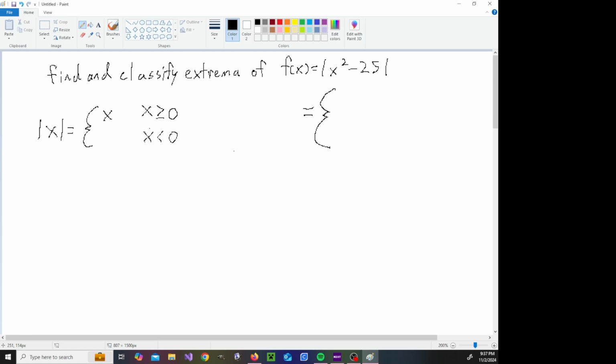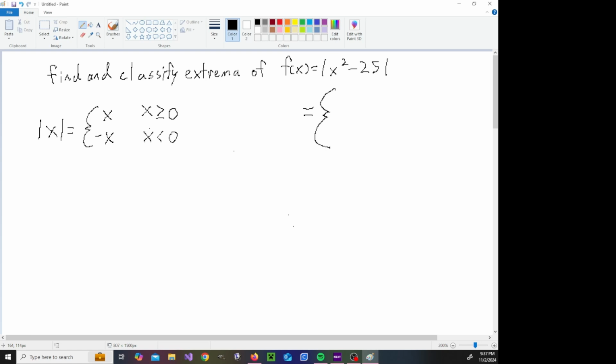Well, if I have negative 1, we want to flip that to positive 1. If I have negative 20, I want to flip that to positive 20. So what is one operation that I can do to a number to change its sign? Well, that's just multiply it by a negative. So really, we can think of any absolute value as a piecewise function based on this.